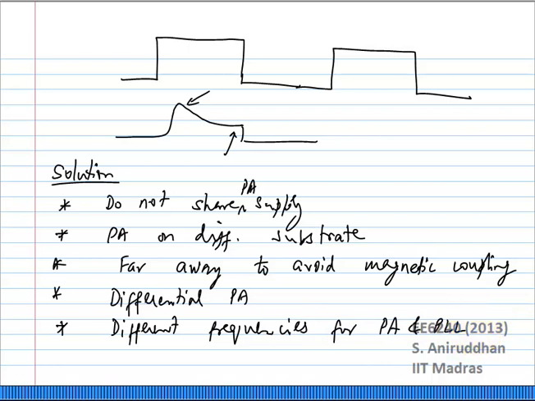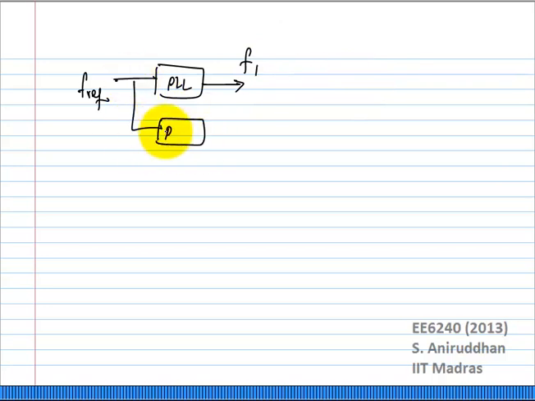For example, I can have two PLLs which generate two different frequencies, F1 and F2.